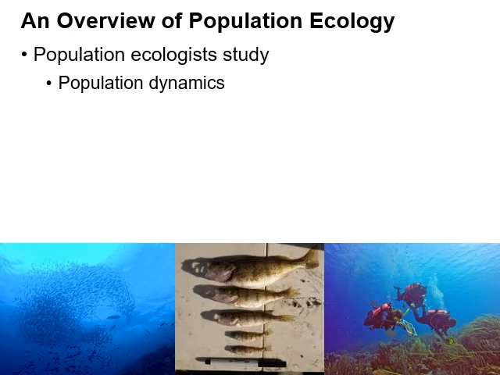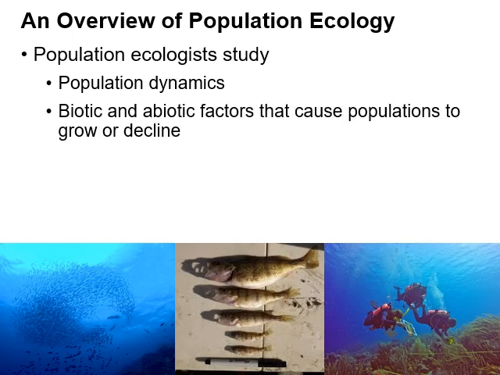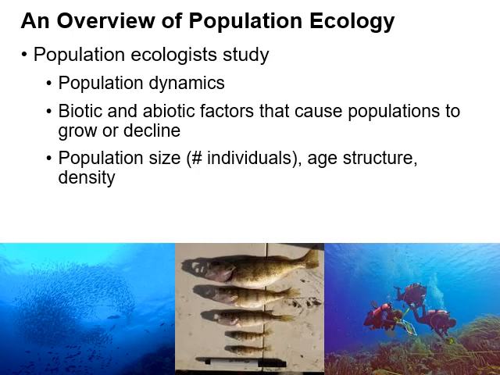And so a lot of what population ecologists study is why that happens. They study why, for instance, a population might grow or decline. Why is it that a population gets bigger or gets smaller over time? And what are the biotic or abiotic factors that might affect that? The specific things that population ecologists tend to study include population size, right?